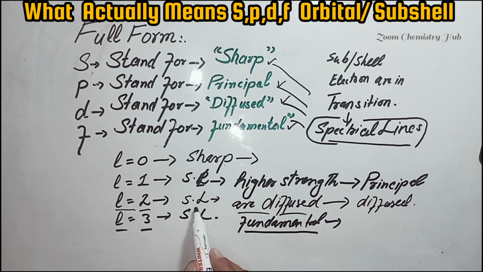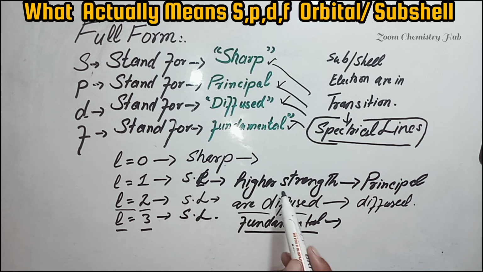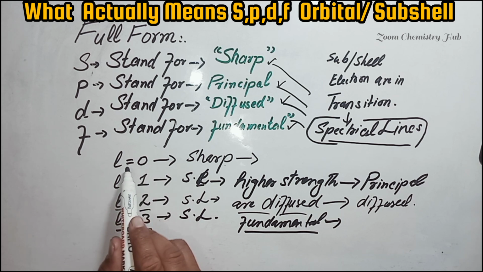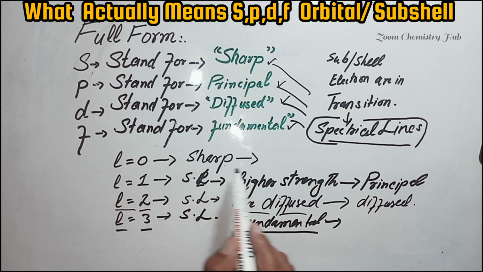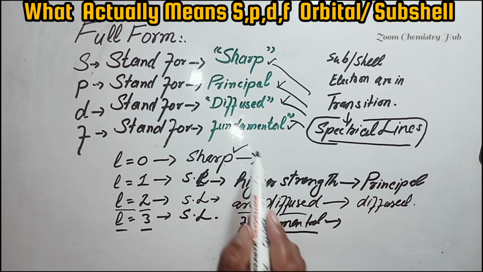When L is 2, the diffuse spectral lines are produced. When L is equal to 1, the spectral lines have a higher strength, that is principal, and when the L value is 0, the spectral lines are very sharp.